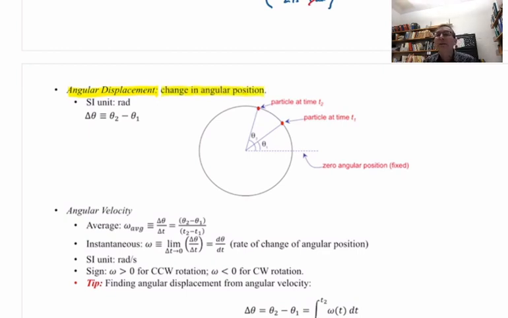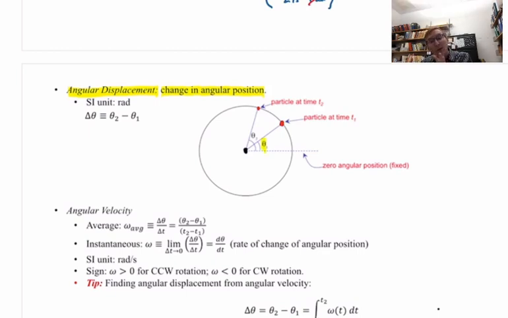So what I've drawn here is the circle and the red dot on the wheel, and the axis of rotation of the wheel that I was holding is right there in the center. And I've drawn the red dot on the wheel, one red dot, at two different times. All right, the red dot at time t1 is right here with angular position theta 1.